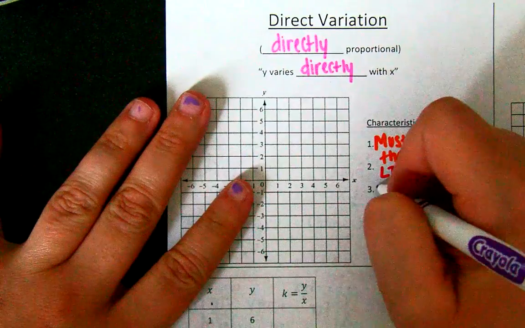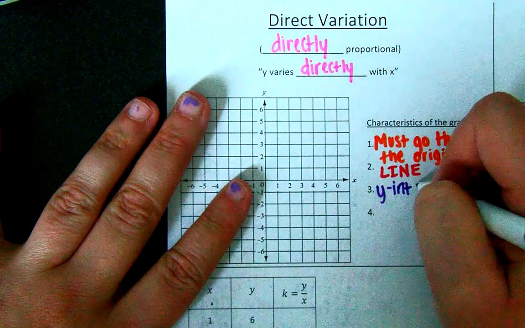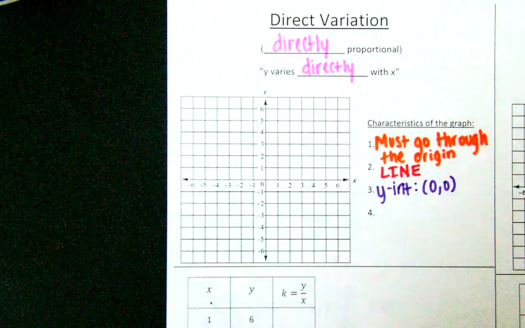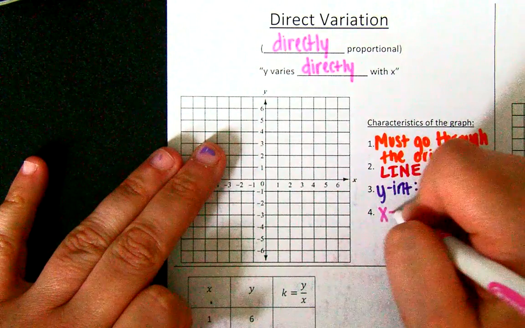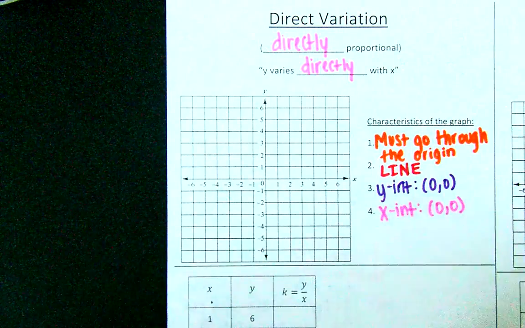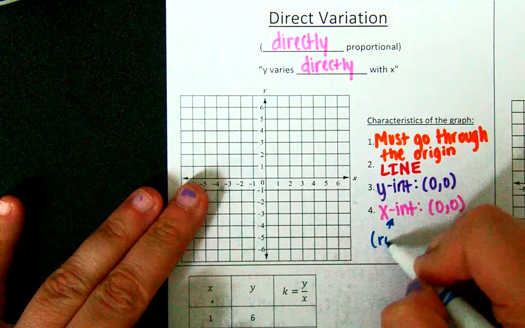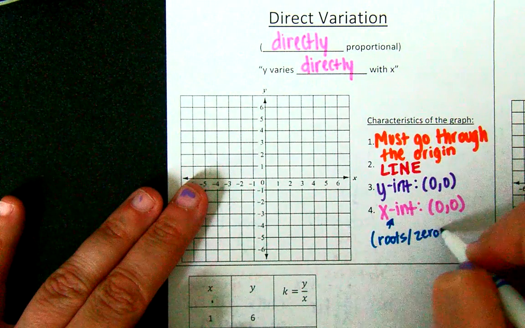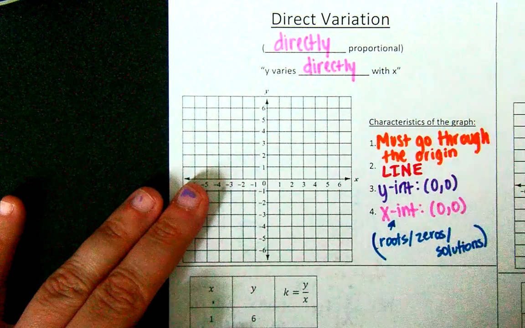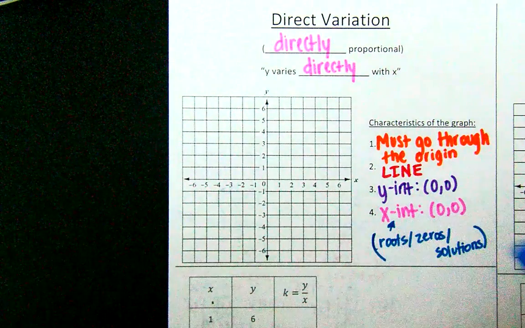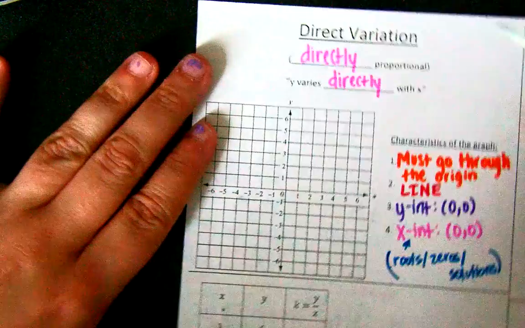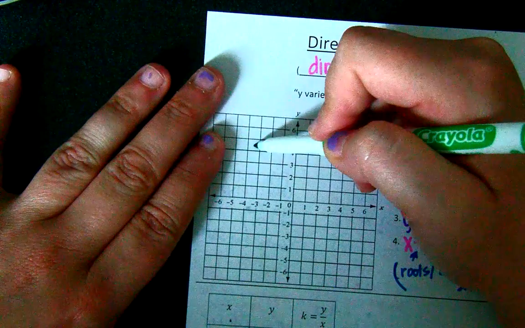Another is the y-intercept is always 0, 0. And the last characteristic is the x-intercept is always 0, 0. And remember, x-intercept is also known as your roots, your zeros, or your solutions. That's not just for quadratics, that's for anything. Those are three other words for my x-intercept. So an example of a direct function would look like this.